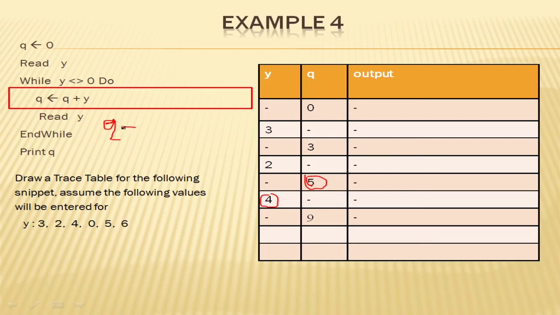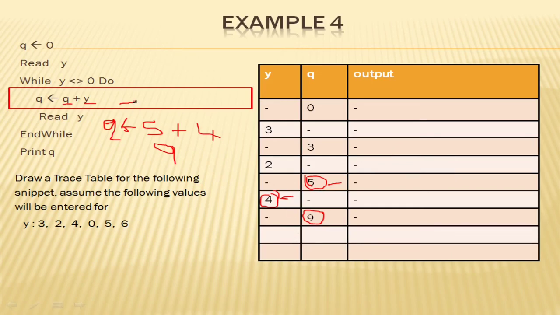Q would be equal to the last value of q, which based on the trace table is 5, plus the last value of y based on the trace table, which is 4. So q equals 5 plus 4, which would be 9, right? Hence why under the q column right here we have q as being 9.